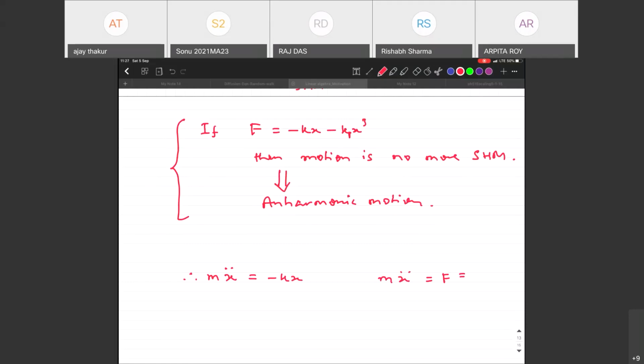It's essentially m times d2x/dt2. So if x is displacement, the second time derivative is acceleration, and mass into acceleration is force from Newton's law, right? If it was the first derivative with respect to x, that would have been simply velocity, and mass times velocity would have been momentum.